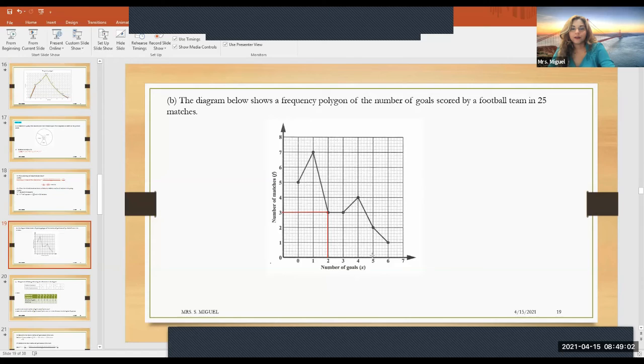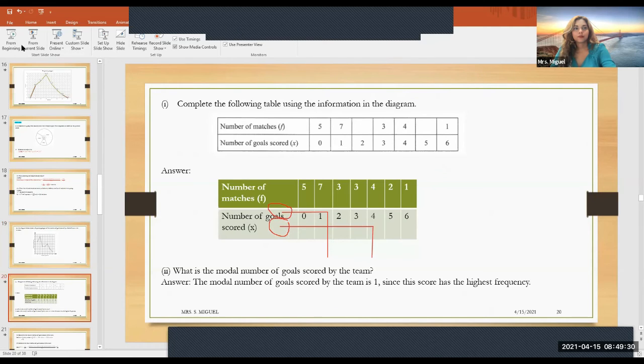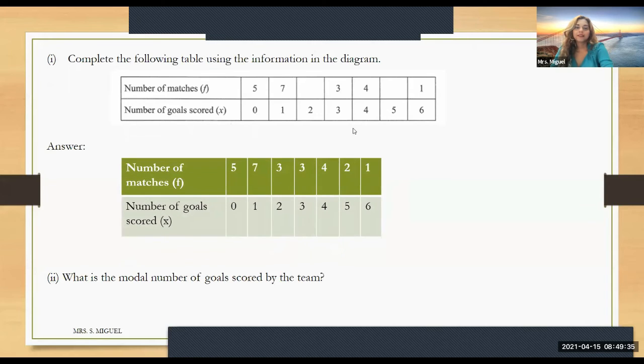Similarly, the number of goals is 5 and the number of matches is 2. So the two missing values are 3 and 2.